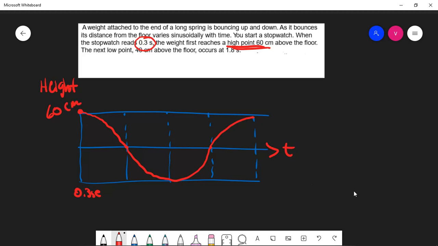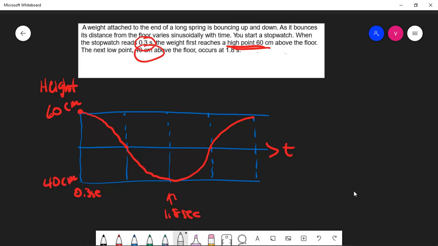The low point occurs at 1.8 seconds. So here's what your stopwatch reads here, 1.8 seconds. That means you have half a cycle. Okay, and the low point was 40 centimeters here. So I'll write that down real quickly.